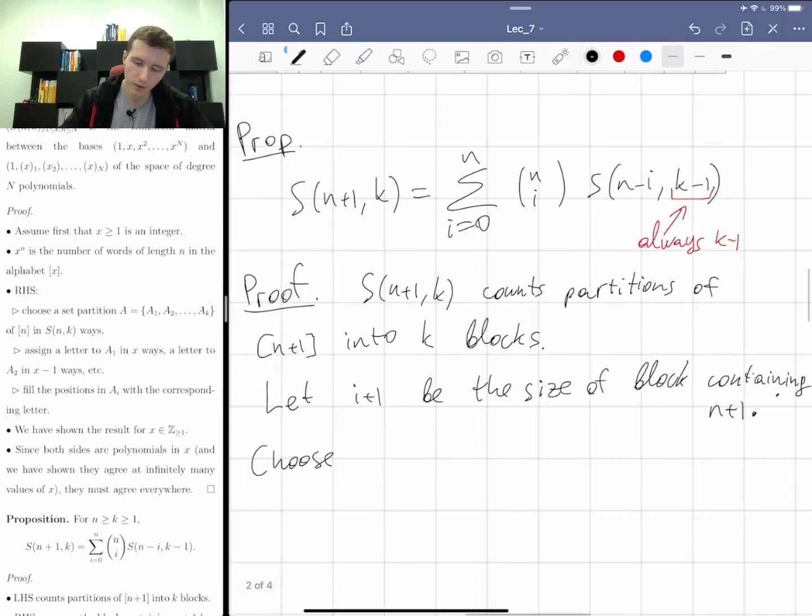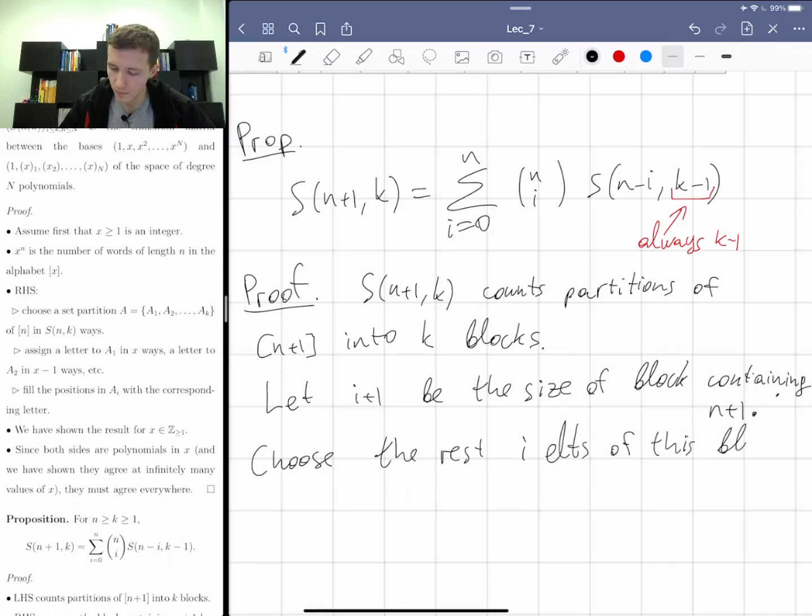If the size is i plus 1, then one of the elements is n plus 1, and the rest i elements of this block you get to choose whichever ones you want, in n choose i ways.